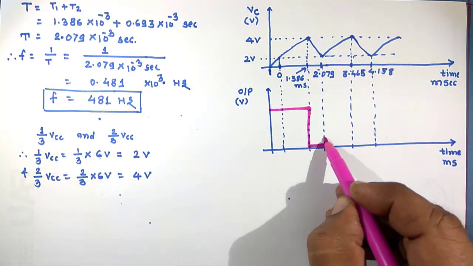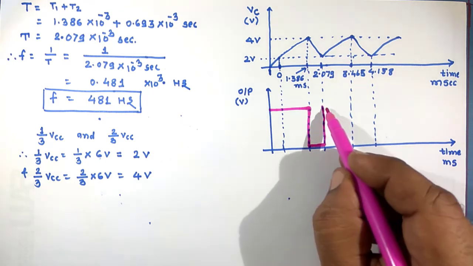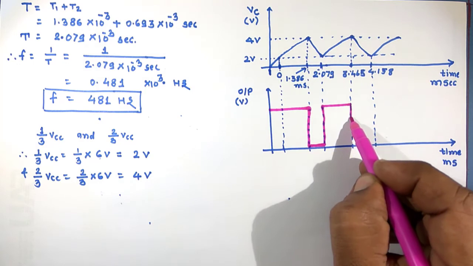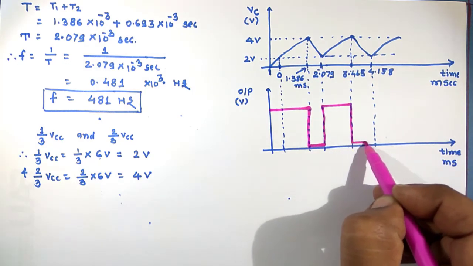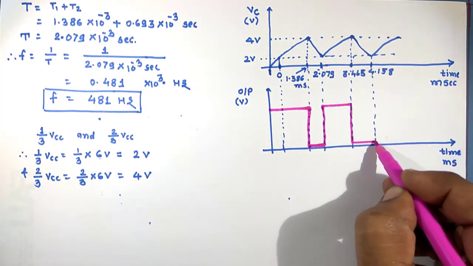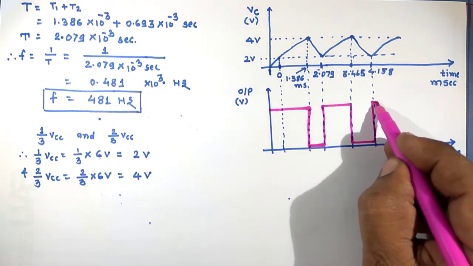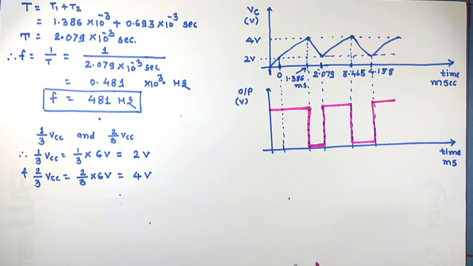Again voltage changes from low to high, capacitor starts charging, output becomes low, capacitor starts discharging, output becomes high, again capacitor starts charging, like this.